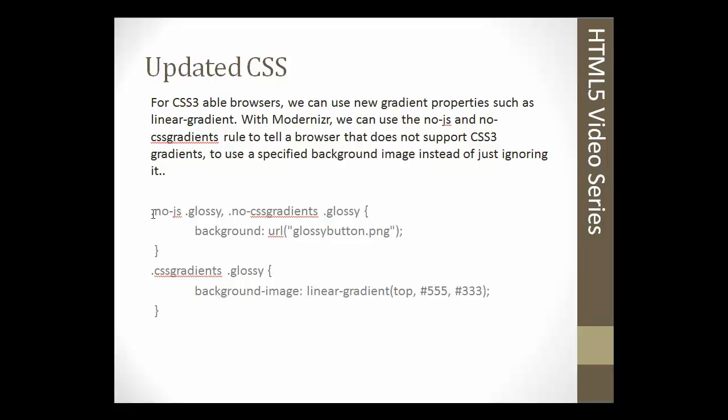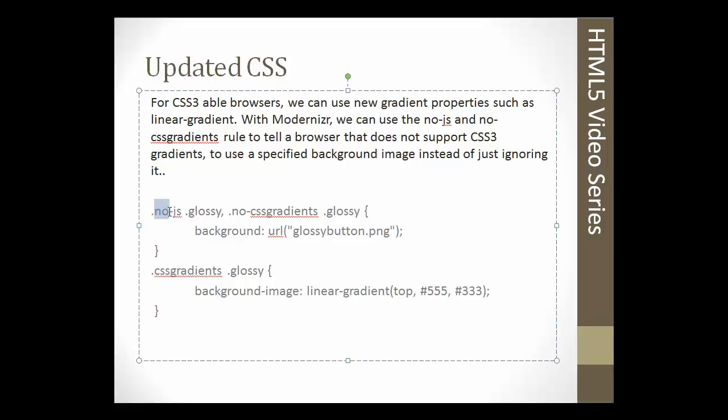Now, you saw a couple of slides back we added the no-js class to the HTML tag, and this is what would happen if the browser didn't accept the new CSS3 gradient properties or selectors: it would just have a background image.